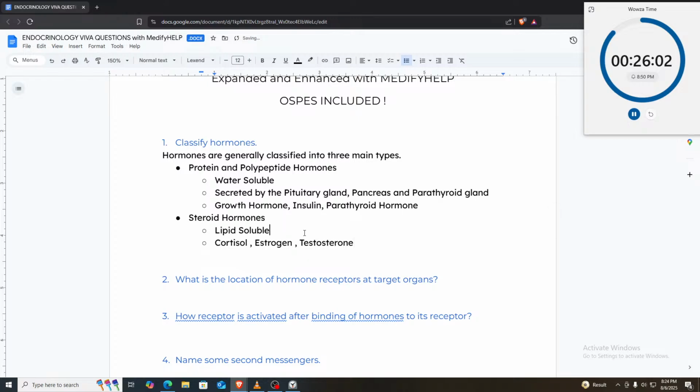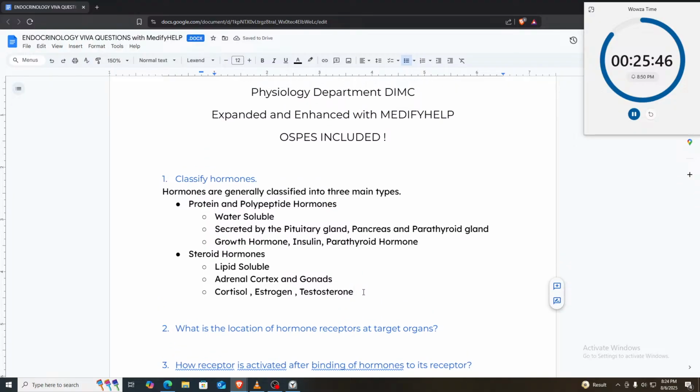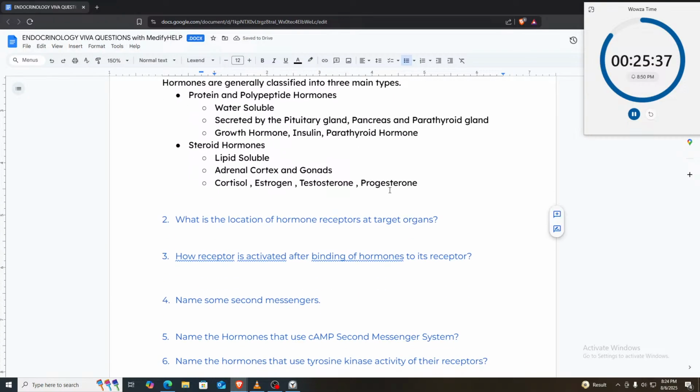Where are they secreted from? You have your adrenal cortex and essentially your gonads. I'm sure I'm missing one, so I'm just going to write etc. here. Or I remember it's progesterone, yeah, progesterone. Okay, I think we're good.